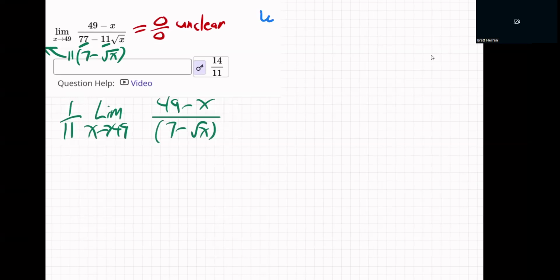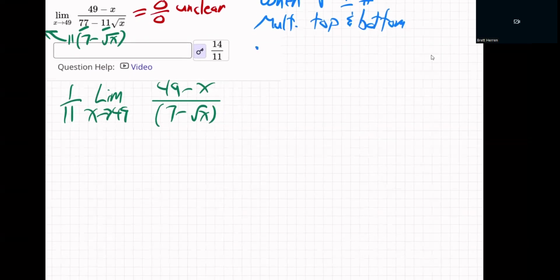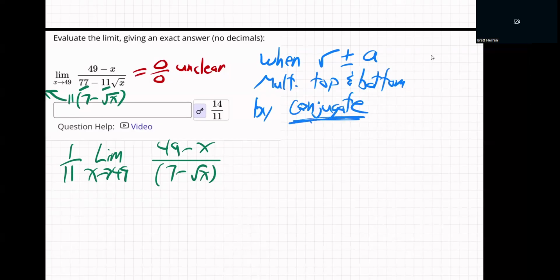Now, when you have a square root adding or subtracting another number or letter, you want to multiply the top and the bottom, I'm looking at this right here, top and the bottom by what's called the conjugate. We use this a lot in math.